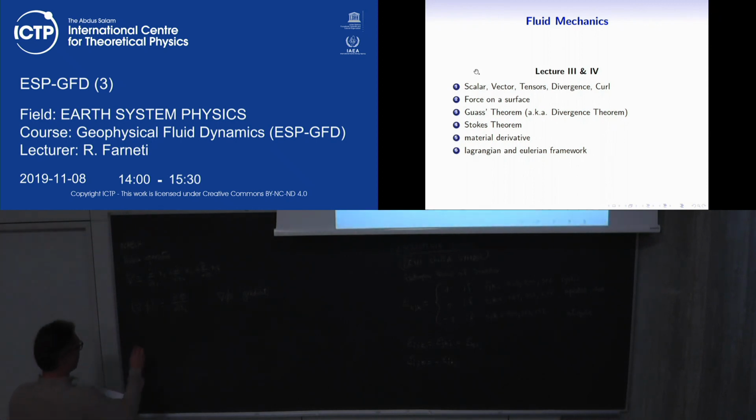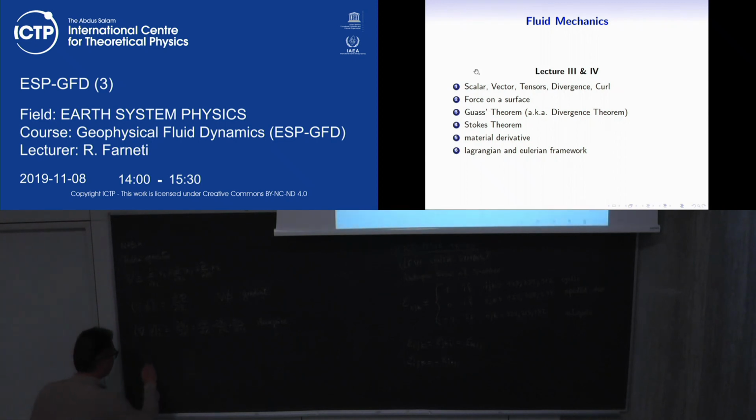When it's operating on a vector, it is now called a divergence. So it's the gradient of a scalar and the divergence of a vector.